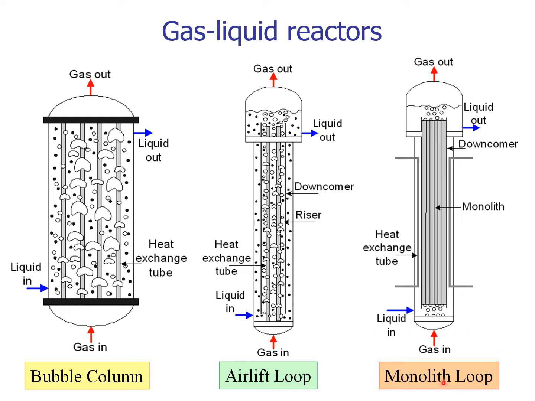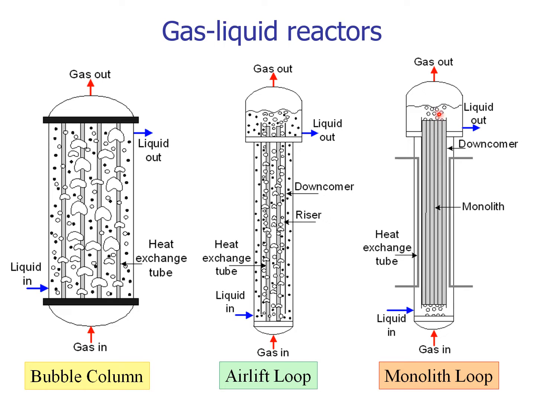A monolith reactor configuration is one in which the riser portion of the airlift reactor is replaced by a monolith bundle, and there is gas and liquid upflow inside the multi-channel of the monolith construction.